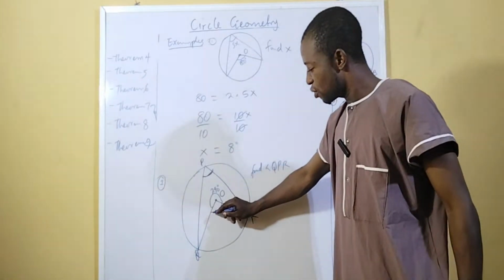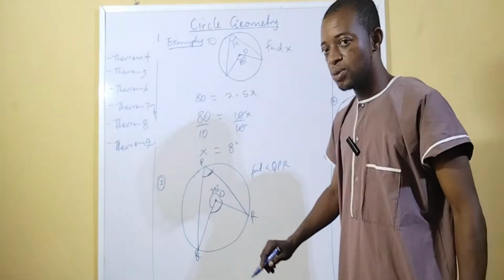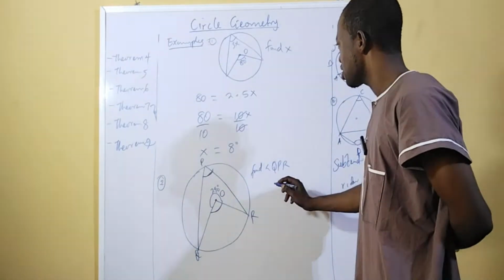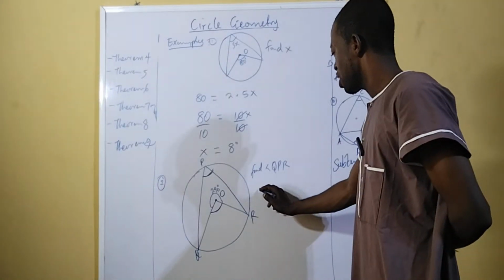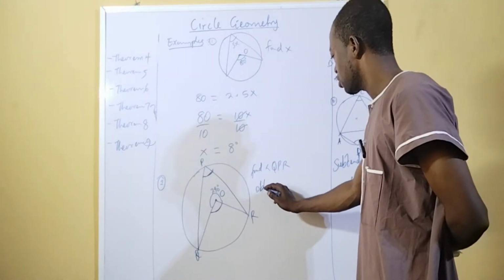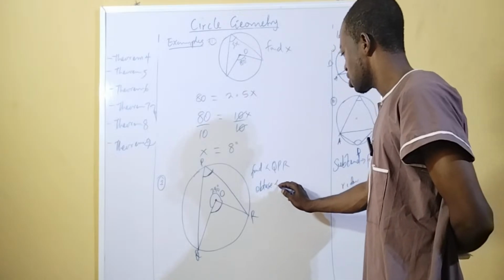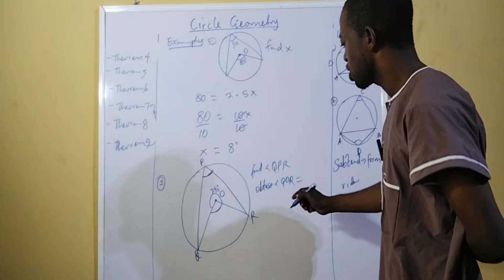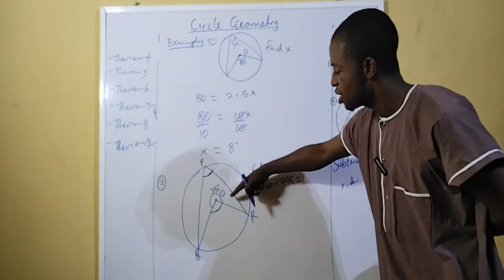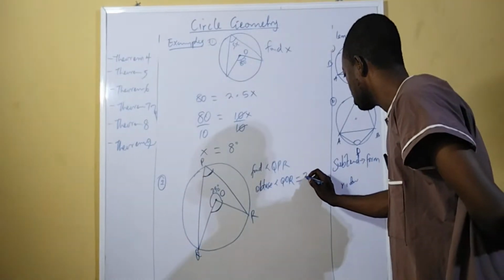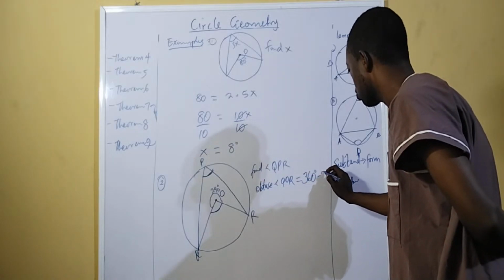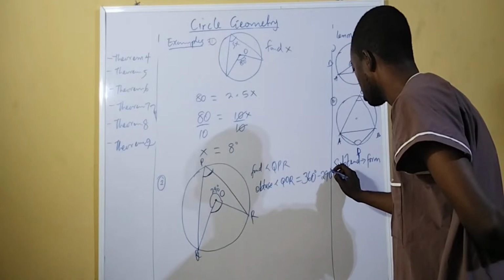So there is need for us to get this other angle, which is the obtuse angle. So we can say that here we have obtuse angle QOR will be equal to, because the angle here should be 360 degrees, so that will be 360 degrees minus 290 degrees.